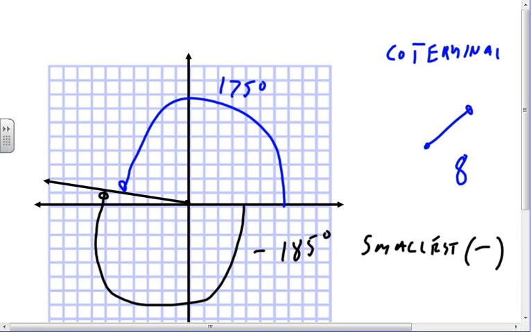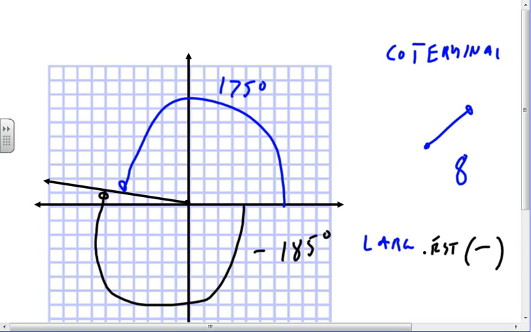All right, so now what do I want? The smallest positive. Oh no, that's the largest negative. L-A-R-G-E-S-T. This is the largest. So the largest negative, because anything with a more absolute value would be smaller in the negative direction.